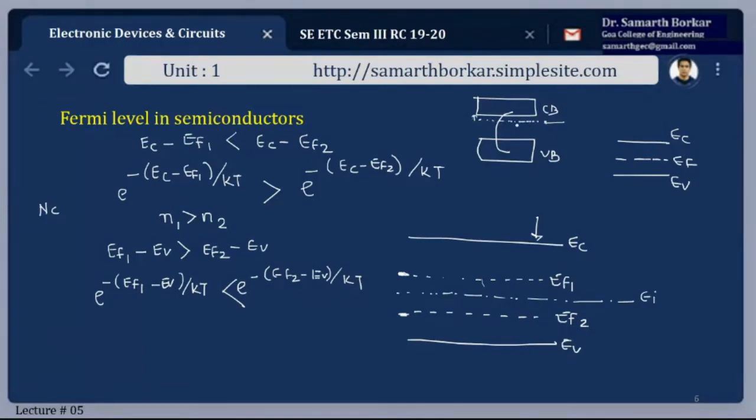This is one case. The second case is if I dope it with a P-type material, for example, boron. Boron has 3 electrons in the outermost shell, so there exists one vacancy as far as the covalent bond is concerned.